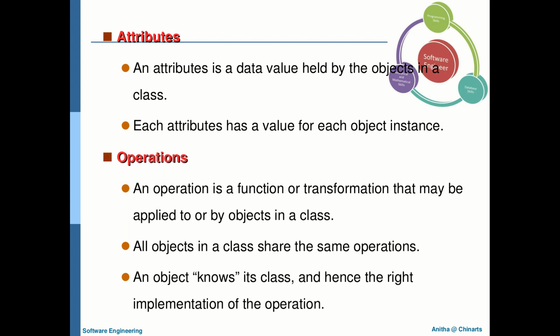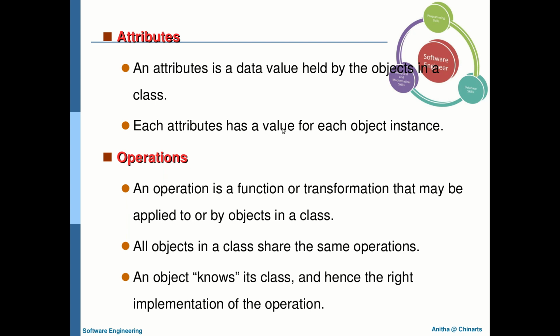So for example, if you define a class called student, then for this class you will have attributes such as student name, student roll number, student percentage, student's rank, student total, and like that you will have different attributes. For each instance of that object you will have a value.